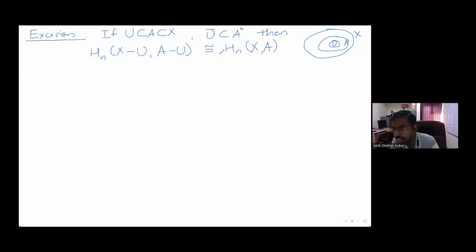So this is very useful in computations. You remove some problem and get a beautiful result.